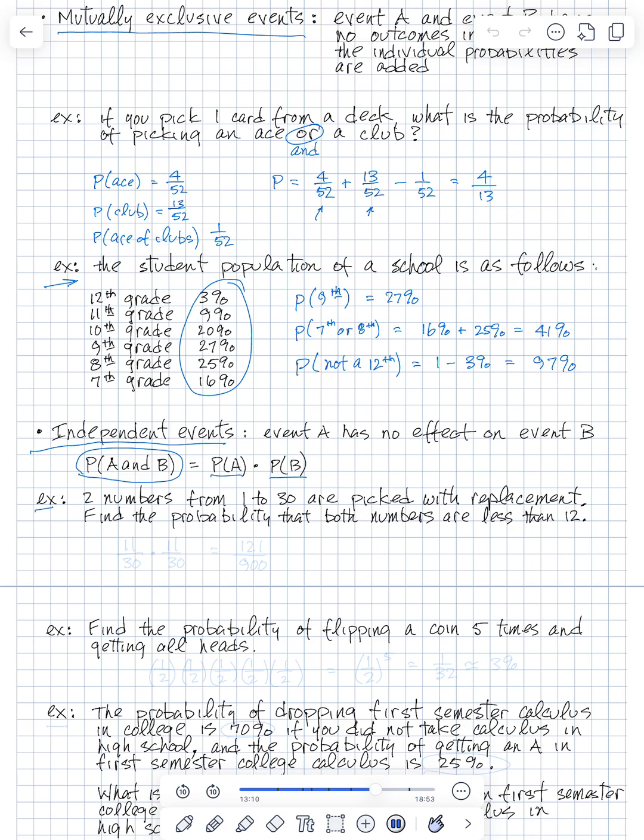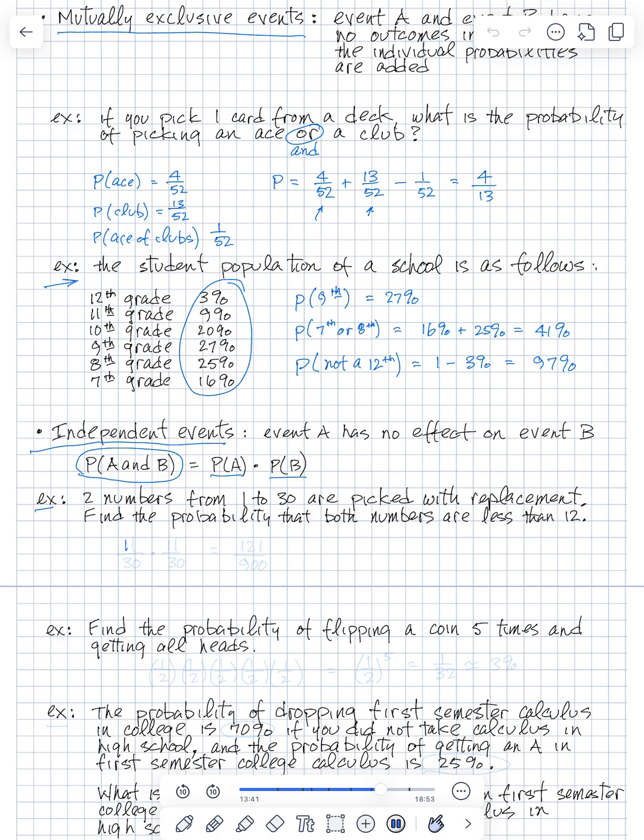We have two numbers, 1 through 30, picked with replacement. So what that means is, say you have 30 numbers in a bag and you pick one and then you put it back, and so you still have 30 numbers to pick from the second time around. So we want to find the probability that both numbers picked are less than 12. Well, how many numbers are there less than 12?